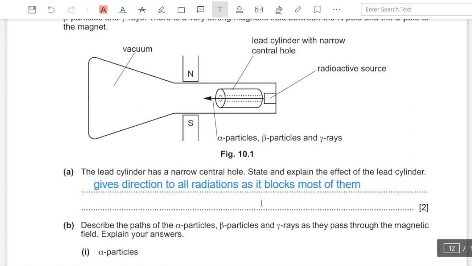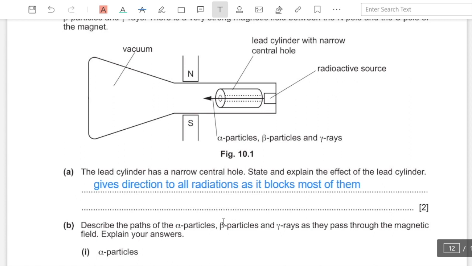The pointer finger indicates the magnetic field, which is from north to south, and that should mean your first finger should be indicating downwards, since this is from north to south, and then your middle finger indicates the direction of the conventional current, since conventional current is also the direction of positive charges.